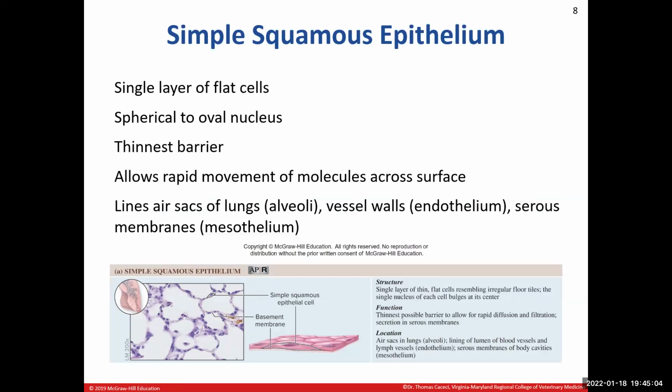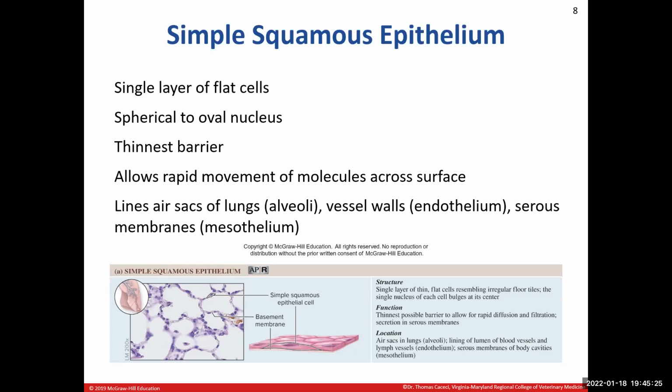And then the other part of how we classify epithelial tissue is based on the appearance of the cells in the epithelium. And so that is going to be either squamous, cuboidal, or columnar. And then we also have the transitional.